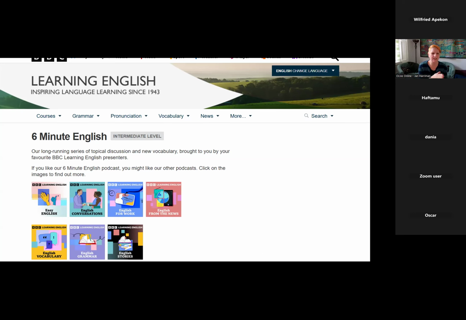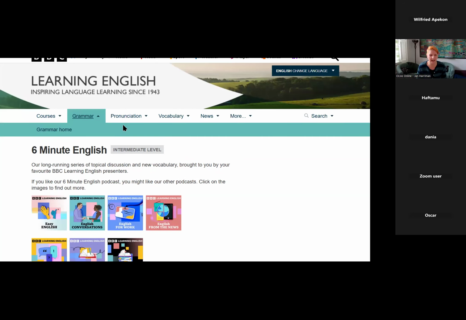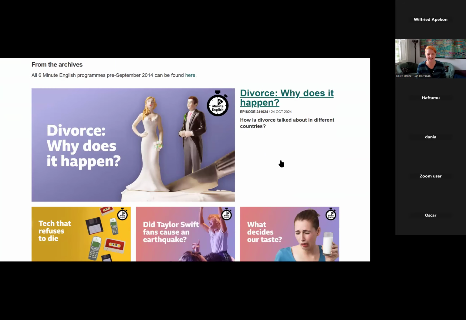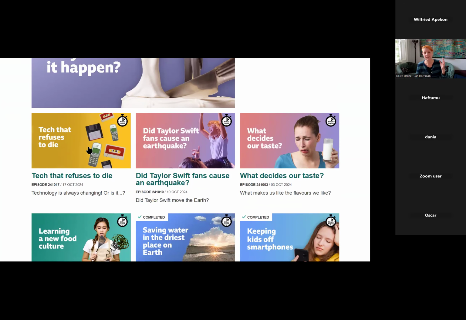All of the Learning English sections are fantastic. Click on some of the other headings, and you'll find even more. All right, but this one is fabulous for learning new vocabulary because we need to talk about all sorts of things. Well, here's a special one.